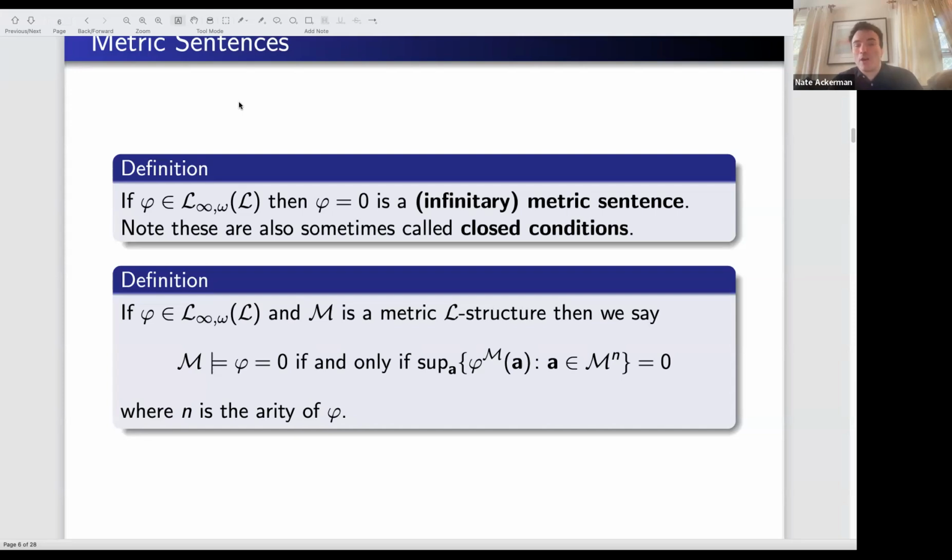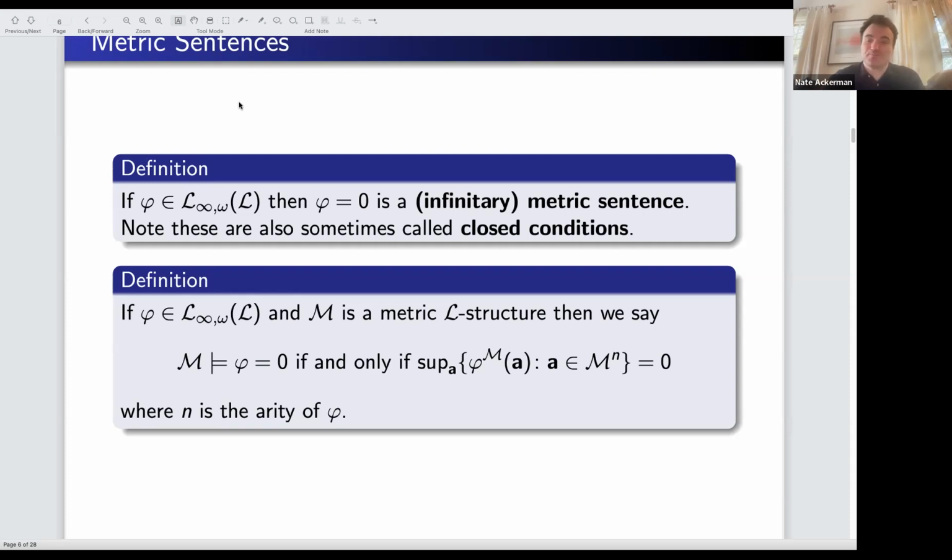Now, if I have an arbitrary formula that has free variables, and I say that equals 0, in that case we're just going to quantify out all the free variables first, and then set it equal to 0, i.e. take the supremum of all the possible values and say that supremum is equal to 0, i.e. for any input, the formula is maximally true.